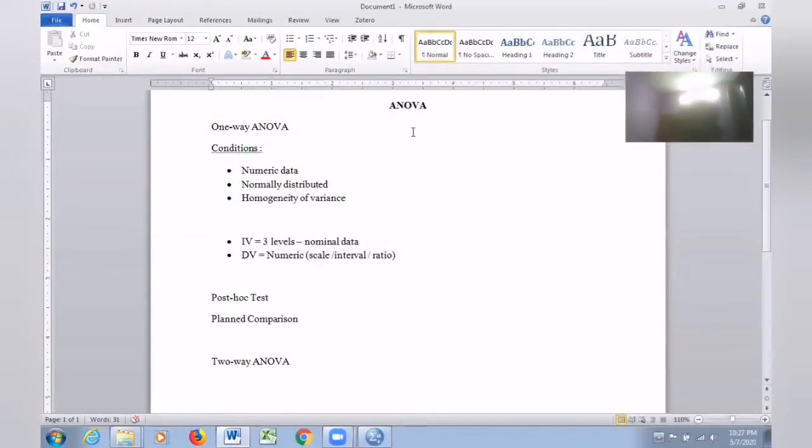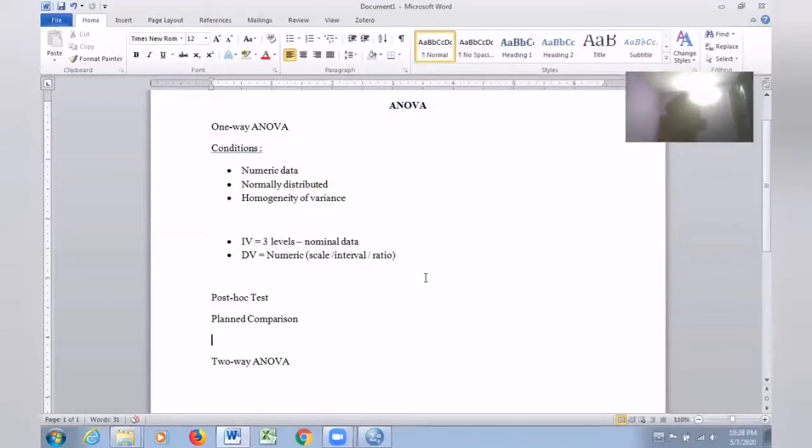Then you can think of conducting ANOVA. For example, I propose a hypothesis that there is no significant difference between rural, urban, and semi-urban students and the hours they spend on WhatsApp every day. This is one assumption which can be tested using ANOVA.